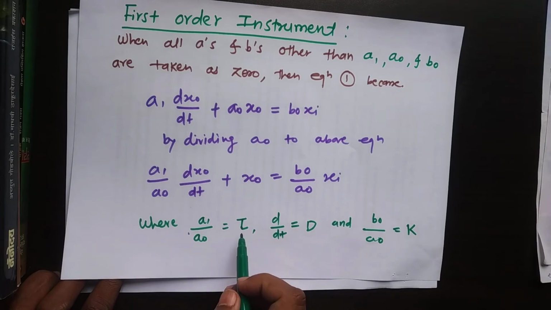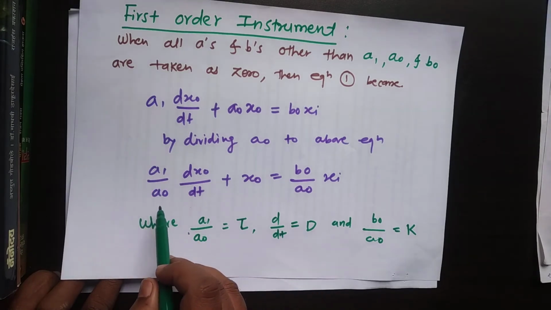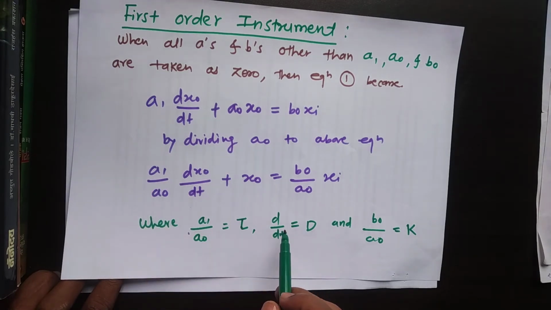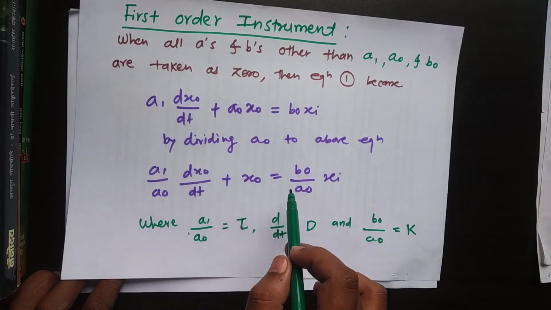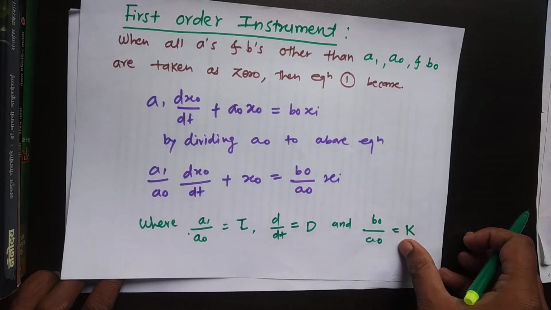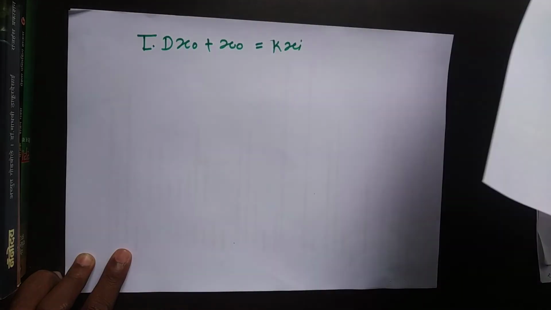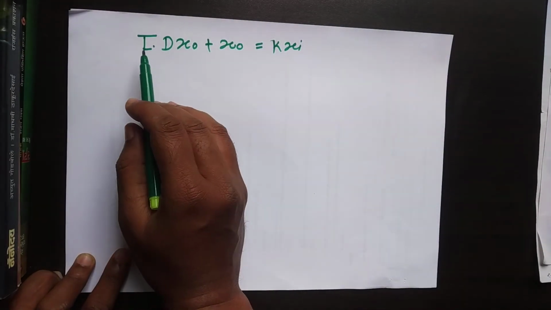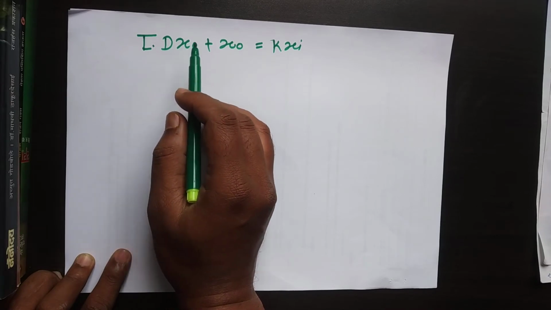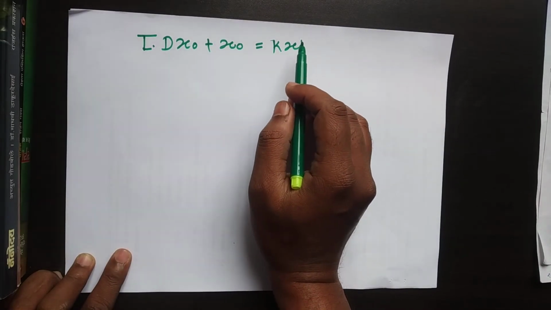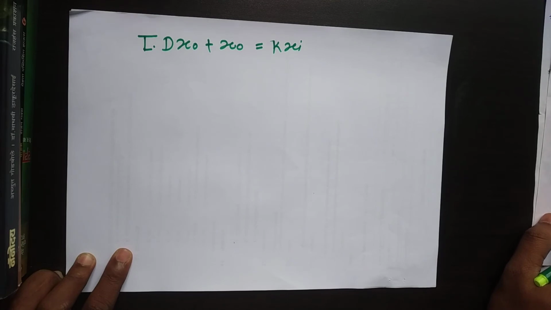We have replaced a1 upon a0 with tau, d upon dt with D, and b0 upon a0 with the static sensitivity K. So tau dx0 plus x0 equals K xi. You can see that x0 is common on the left hand side.